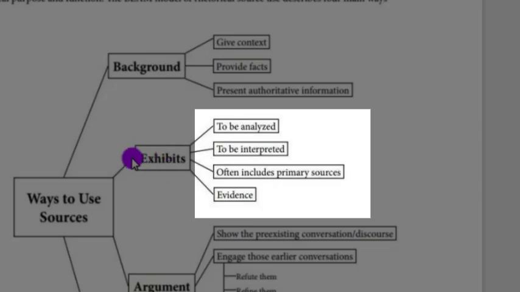So with exhibits, more often than not, exhibits are primary sources, and primary sources are usually first-hand accounts, documents, text, images, artistic works, things like that that exist on their own. And then our job for that is to analyze it, interpret it for our own purposes.